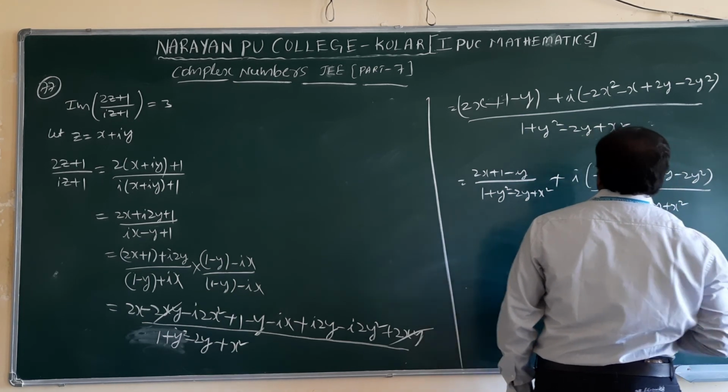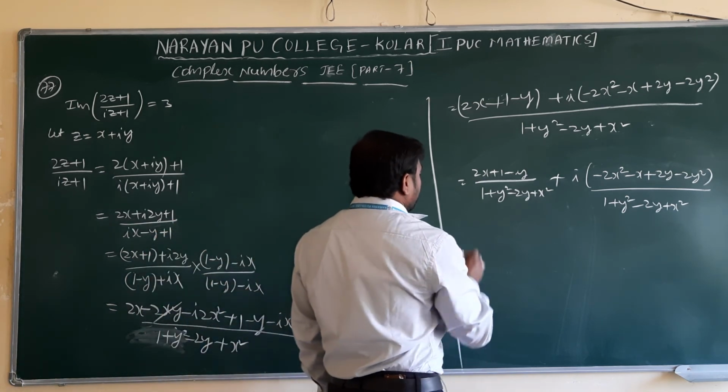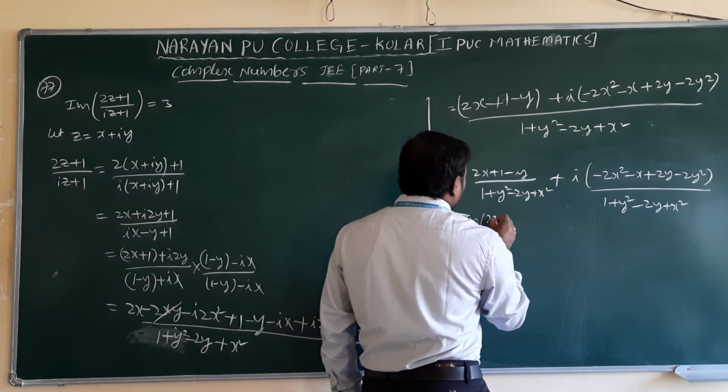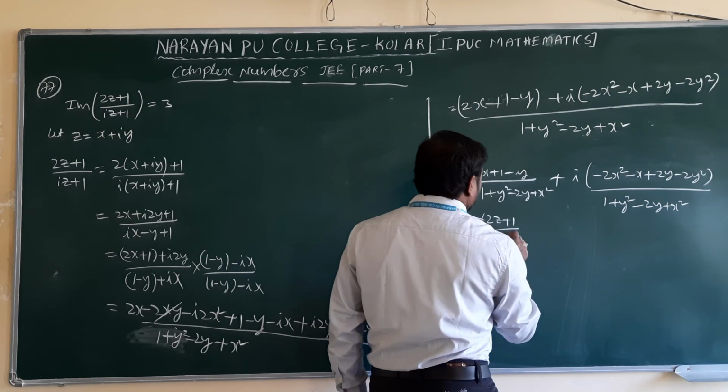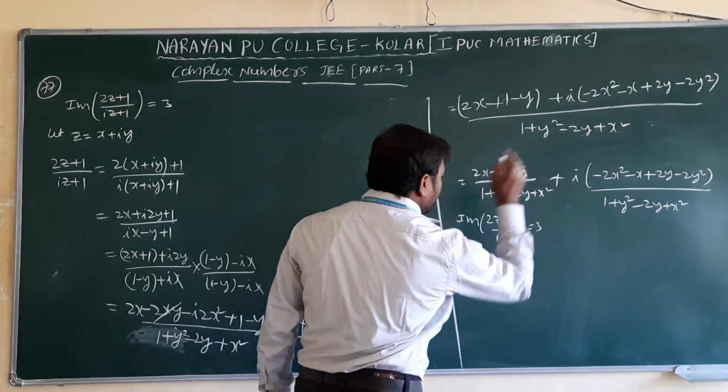But what is given? The imaginary part of (2z + 1)/(iz + 1) is equal to 3, so only the imaginary part matters.